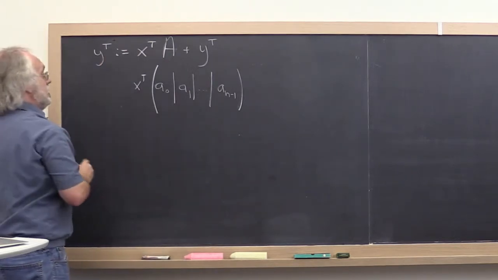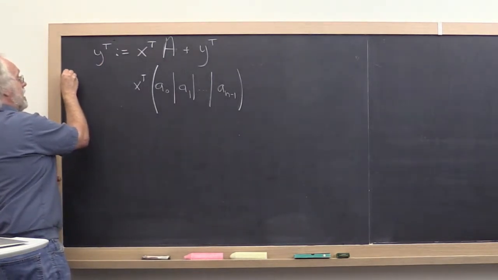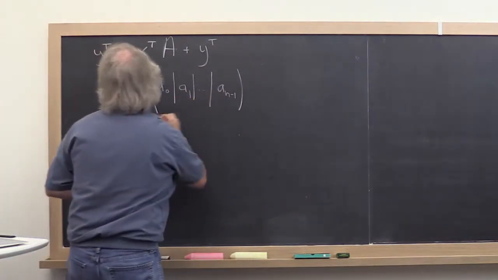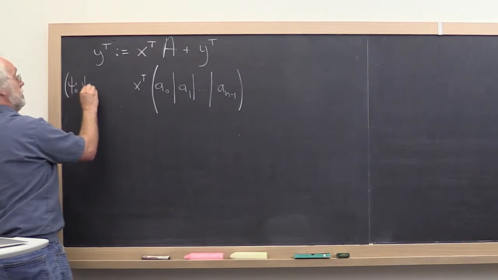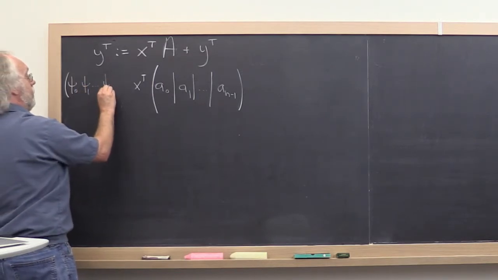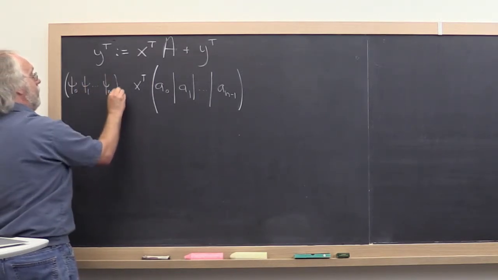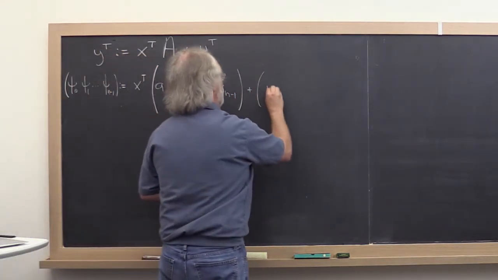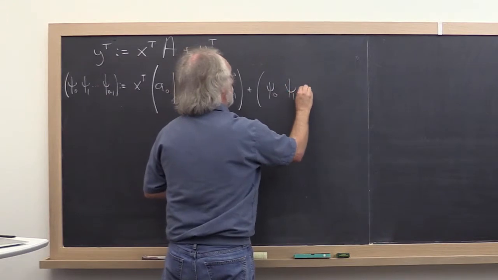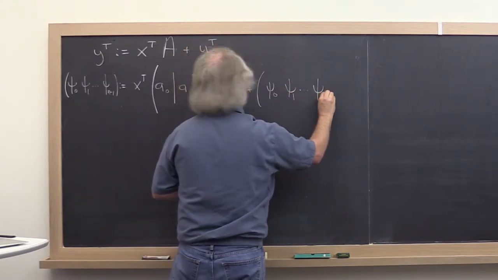But what that means is that we need to partition y into elements. It's a row. And we need to add that to psi 0, psi 1 through psi n minus 1.